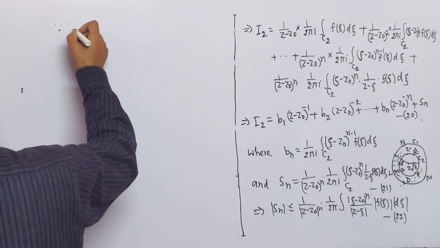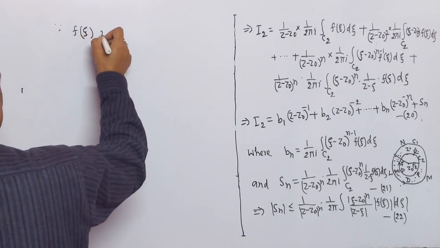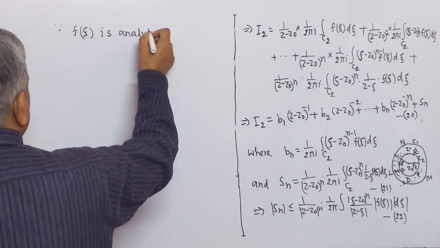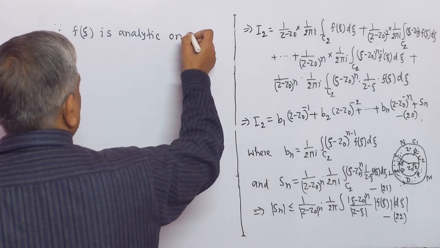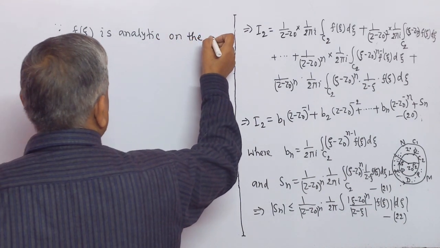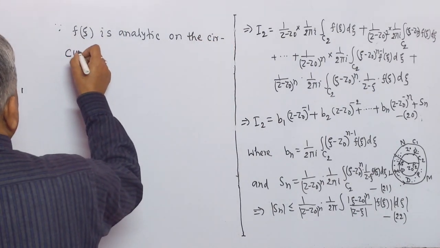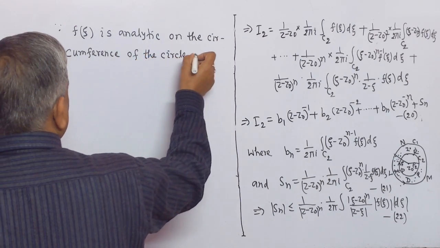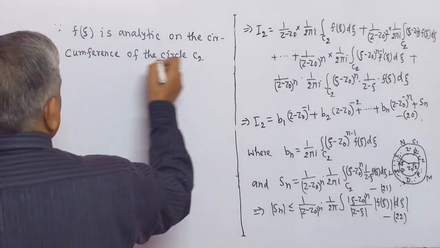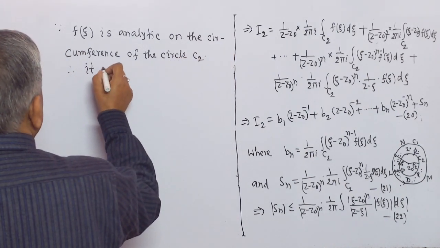Since function of xi is analytic on the circumference of the circle C2, therefore it is bounded.